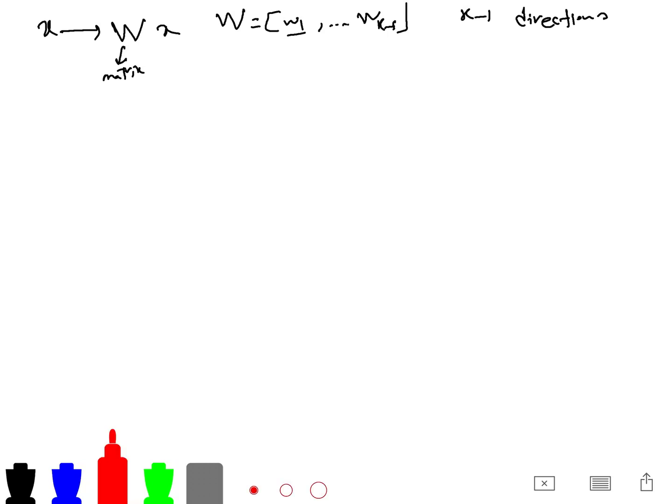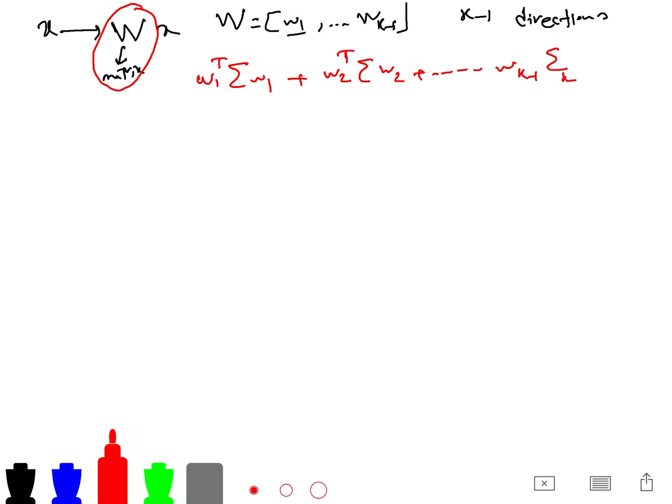So W is now a matrix. Let's do it again. You want to minimize variations between classes. Plus, this is for class 1, this is for class 2, and this is for class K minus 1.